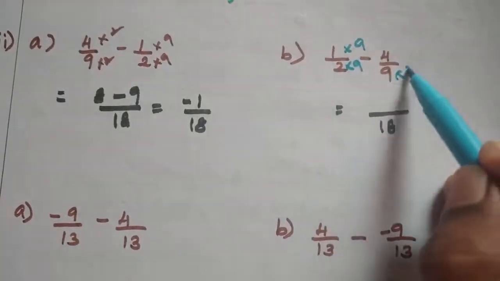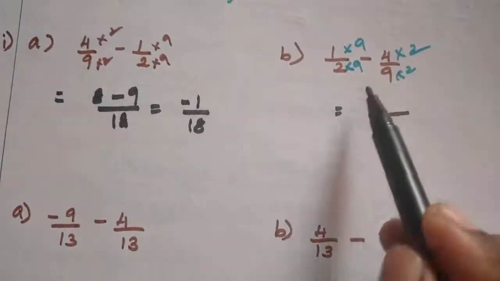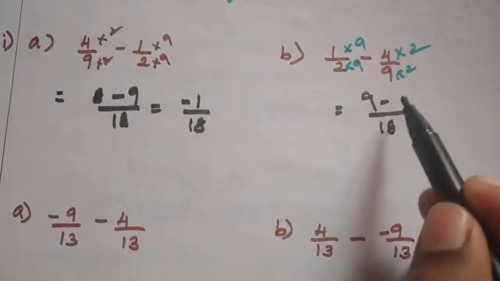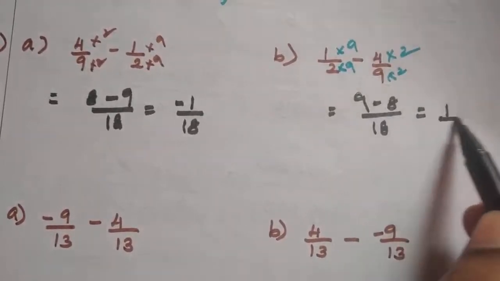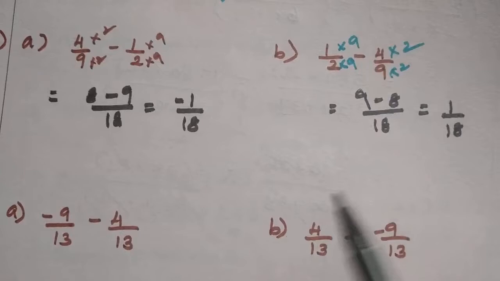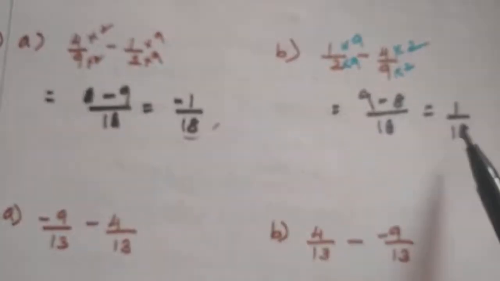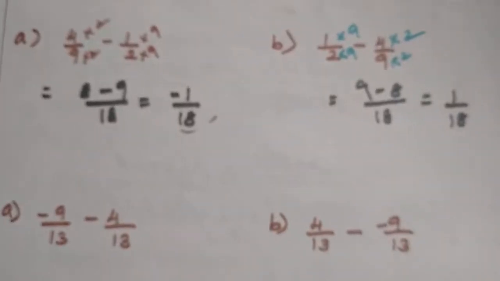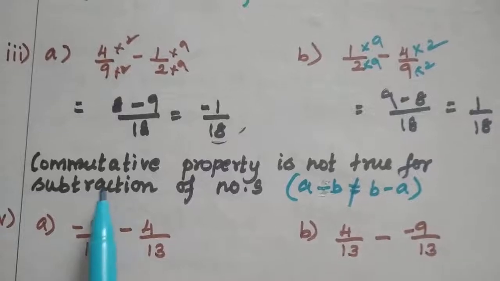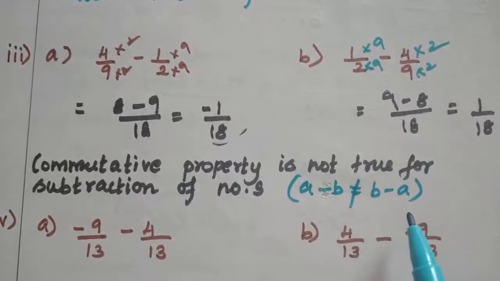Here we should multiply by 2, which is equal to 1 9 is 9 minus 4 2s are 8, which is equal to 9 minus 8 is 1 by 18. So here the answer is minus 1 by 18 and this is plus 1 by 18. Therefore, commutative property is not true for subtraction of numbers. A minus B is not equal to B minus A.